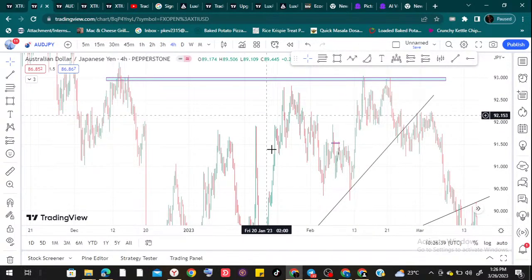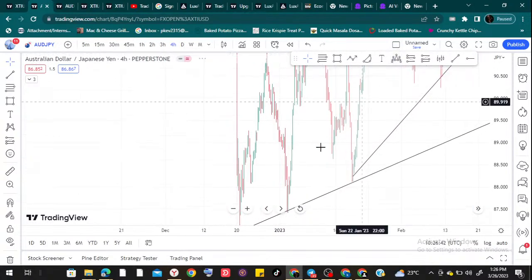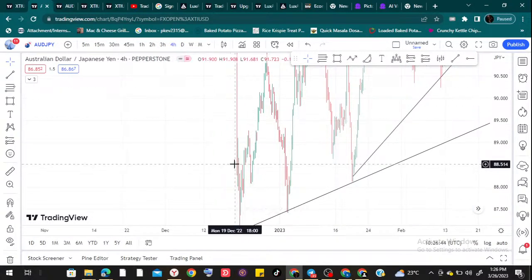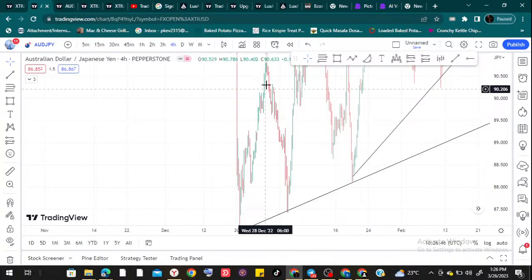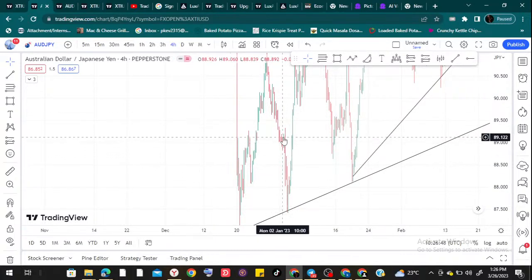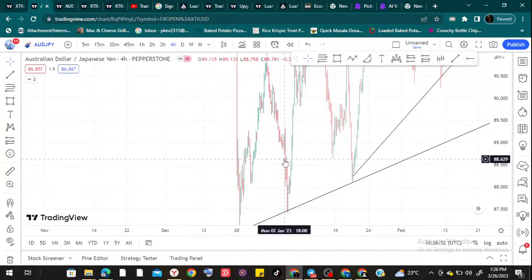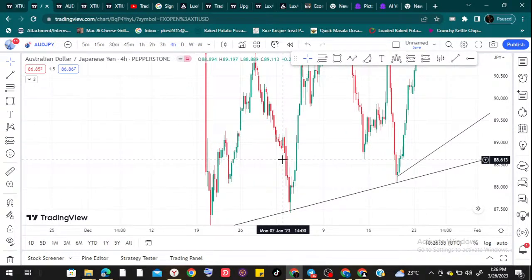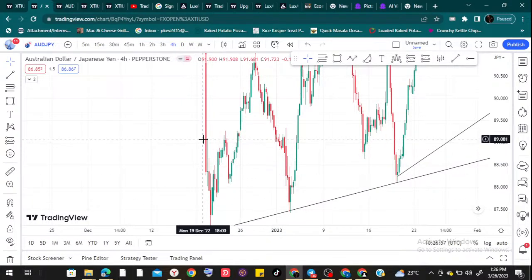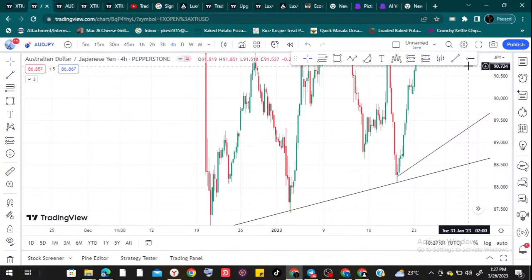So this is what was happening before the market came down. There was this push to the downside, and then we saw this push to the upside. You need to be paying attention to some of the key resistance zones. You can see the market coming down to this level, and then there was some resistance around this zone.